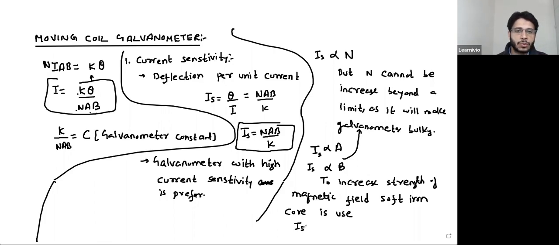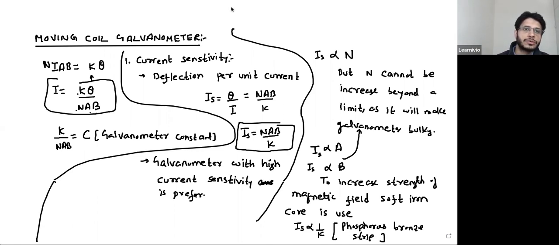Last, this is inversely proportional to K. Inversely proportional to K means that to have a very high sensitivity, you need a spring with a very small value of K. For this we usually prefer a phosphorus bronze strip.